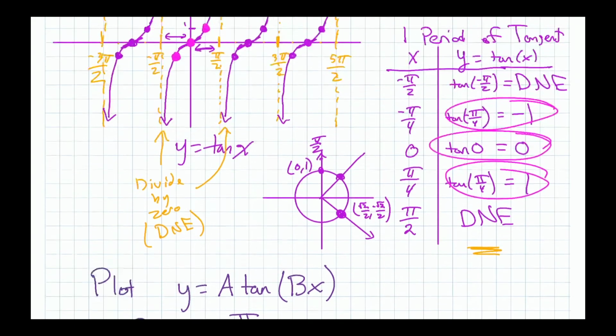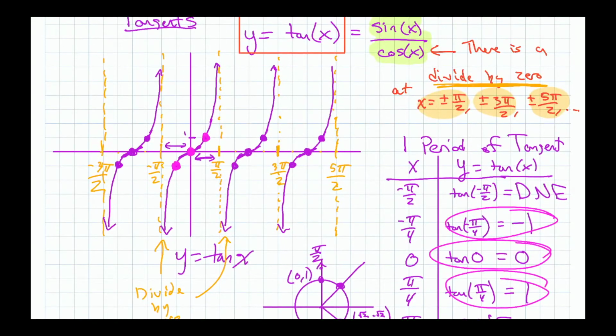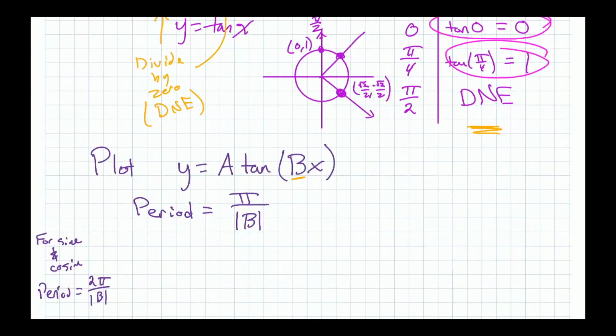But if you look at this graph up here for the tangent, you can see that this distance from one asymptote to the next asymptote is only pi, right? Not 2 pi. So that's the natural period of the tangent function, and then the b, when you add a b right here, that adjusts it. So pi is the natural period of the tangent, and the b adjusts it. Okay? So you have the period.